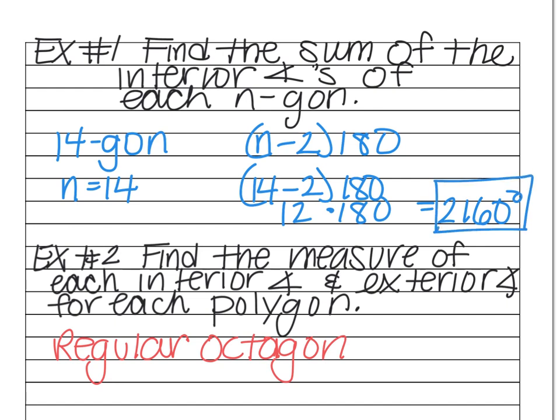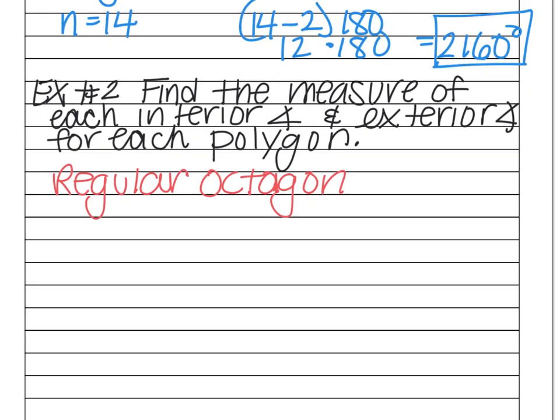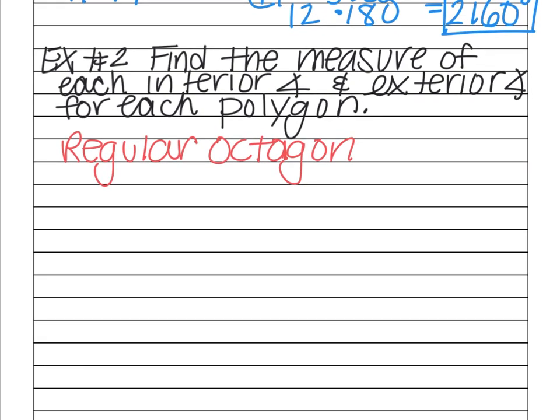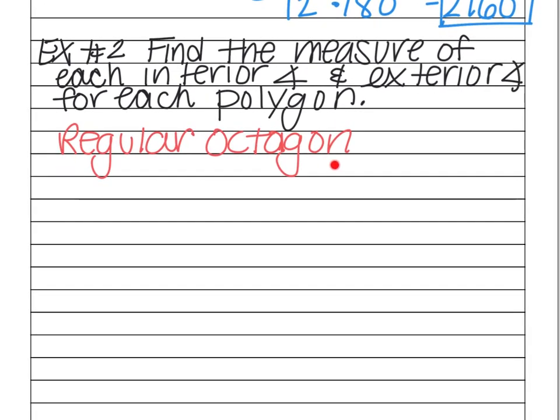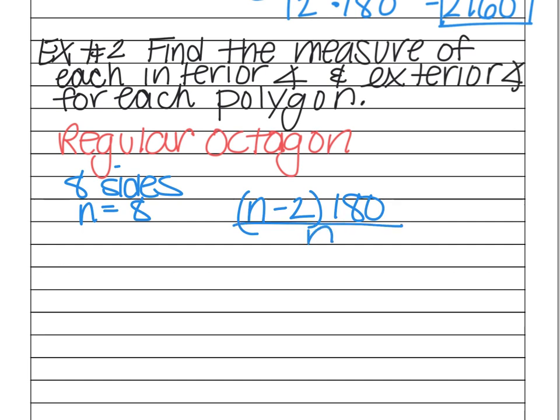Now, what if I wanted to find the measurement of each interior angle and exterior angle for each polygon? For example, what if I said I have a regular octagon? A regular octagon means that I have 8 sides. I have an 8-sided figure. That's what an octagon is. So 8 sides means that n is 8. I do my formula, n minus 2 times 180, and I'm also going to divide that by n because I want to know what just one of the interior angle measurements is.